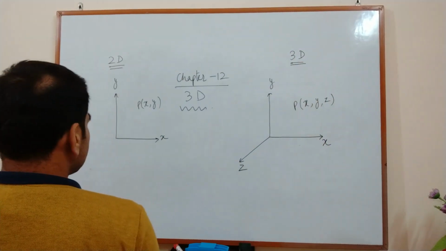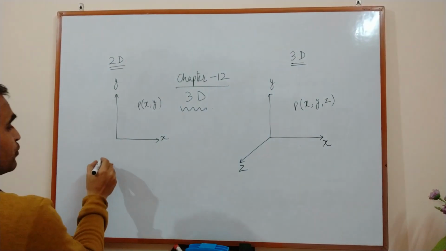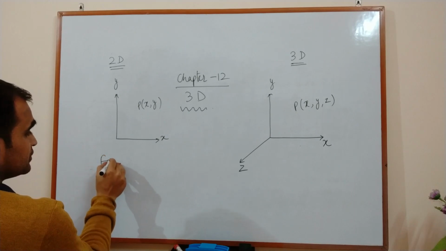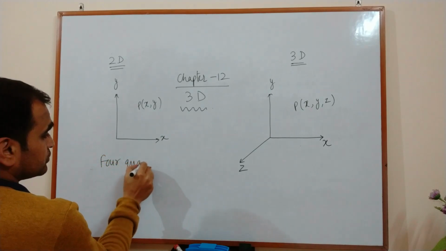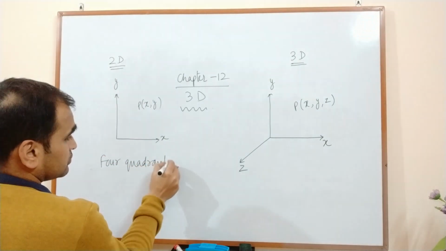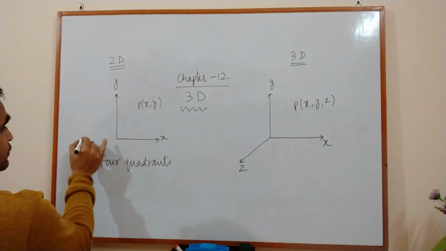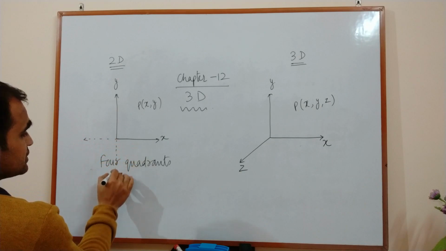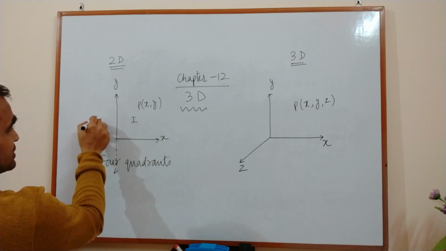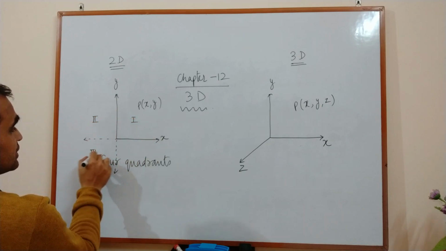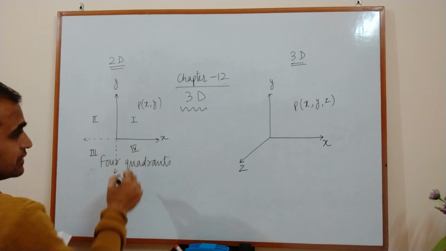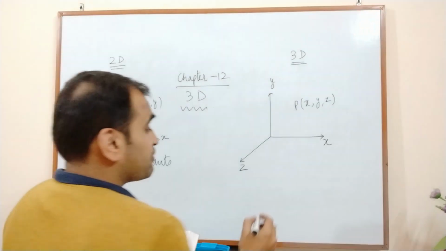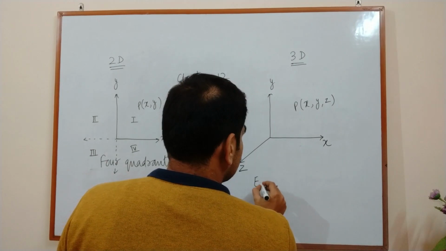The second difference we can say is, in 2D we have four quadrants. If you complete this, you will have four quadrants. This is your first quadrant, this is your second quadrant, this is your third quadrant, and this is your fourth quadrant. But in 3D we have 8 octants.